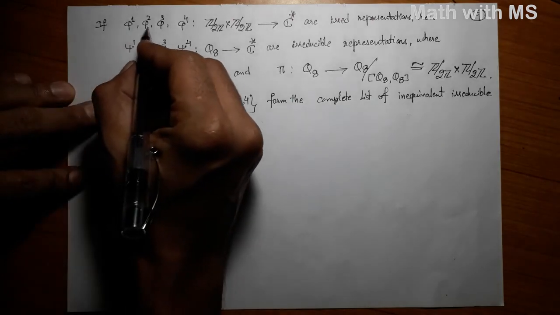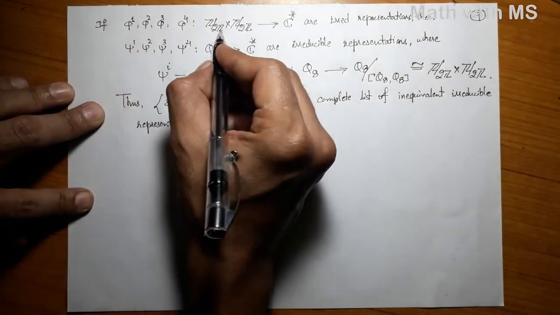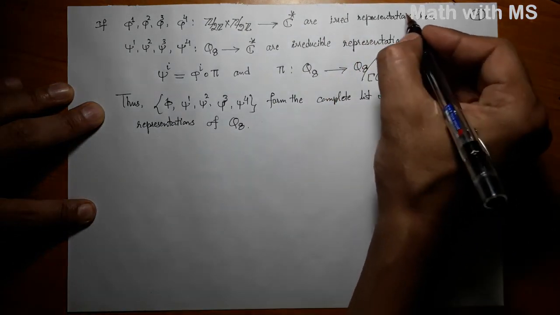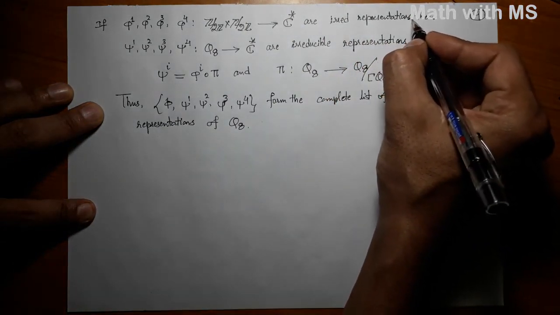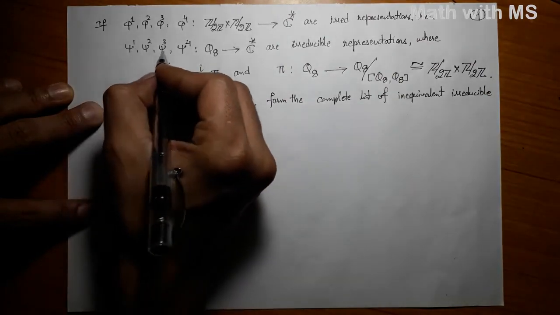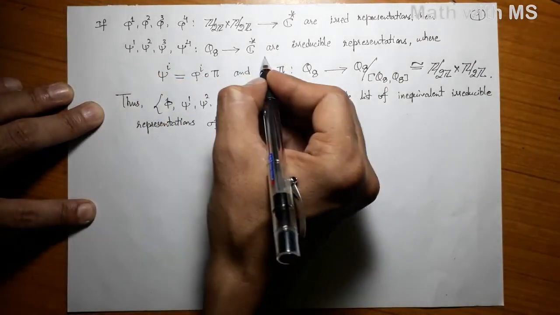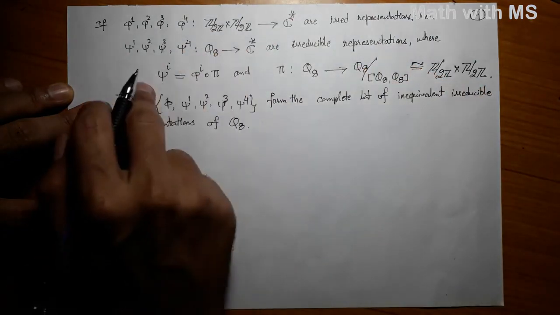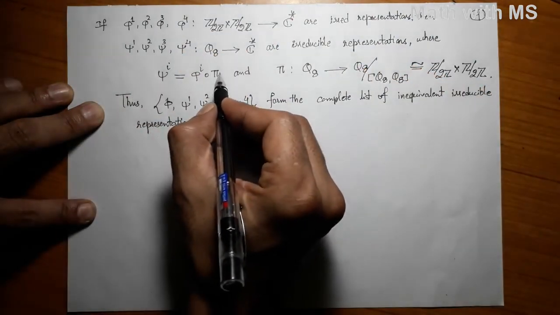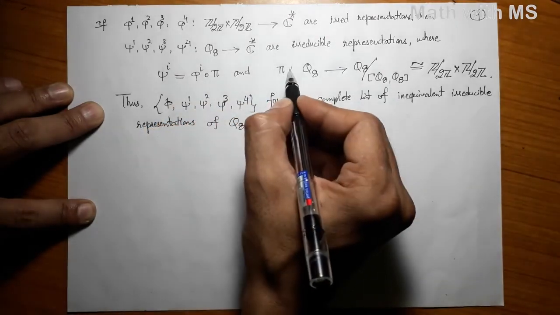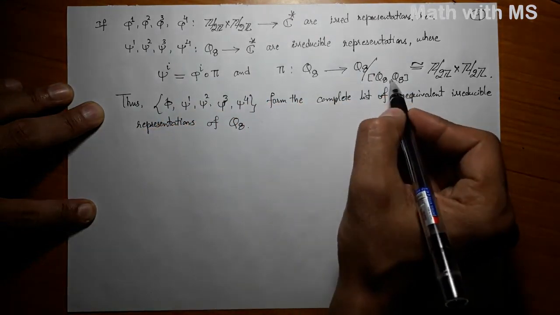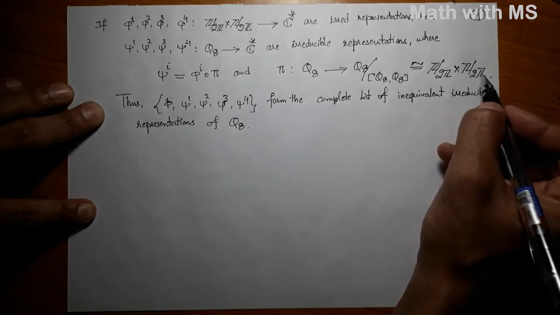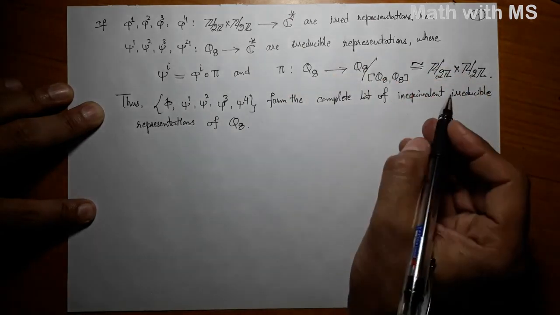Now if phi 1, phi 2, phi 3 and phi 4 from Z mod 2Z times Z mod 2Z to C star are all the irreducible representations that we in fact computed in this lecture itself, then psi 1, psi 2, psi 3, psi 4 from Q8 to C star are irreducible representations of the quaternion group Q8, where each psi i is just phi i composed with pi, where pi from Q8 to Q8 modulo its commutator, which is isomorphic to Z mod 2Z times Z mod 2Z, is the natural quotient map.